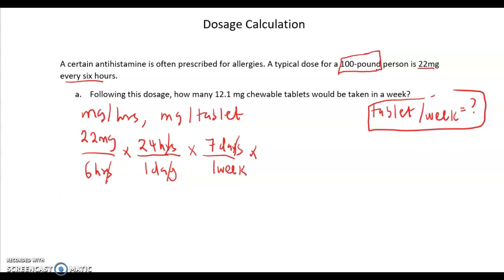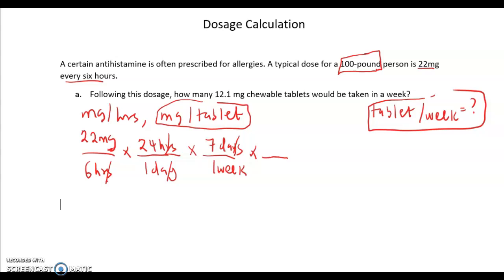And now we have some milligram here, but our final unit has to be in what? Tablets per week. We already have week at the bottom, so that part is done. So we need to find a way and get rid of the milligram we have in this equation, so we can have some tablet at the top instead. The only place we see tablet is in this unit, which is milligram per tablet.